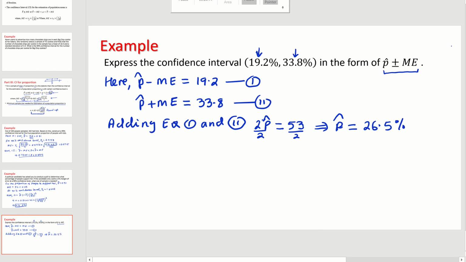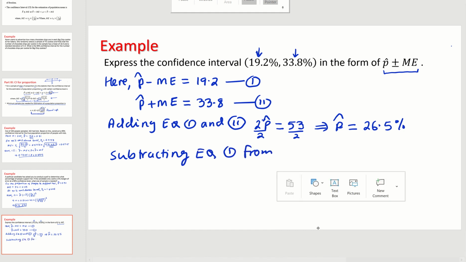Okay. Similarly, we need to find the margin of error. So for that, I'm going to subtract equation 1 from equation 2. So subtracting equation 1 from 2. So if we subtract, what we get is p hat minus p hat, that is equal to 0.